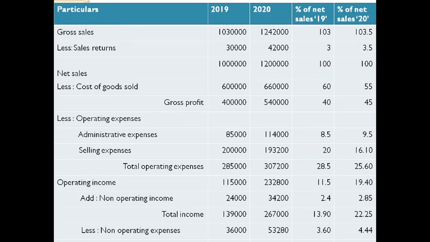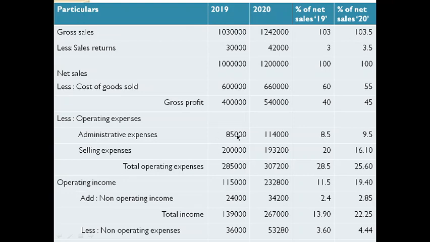When you are doing the common size statement, you need to find the percentage of a particular item and compare it to the net sale of that particular year. You will get 40 percentage. After gross profit, less operating expenses, administration, selling expense, total operating expenses, you will get 2,85,000. That is the sum of these two items.